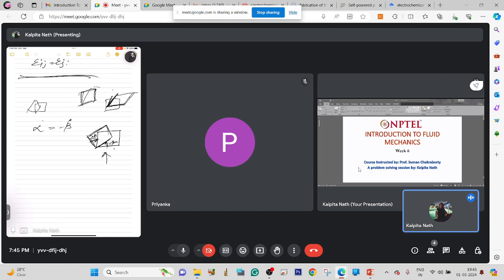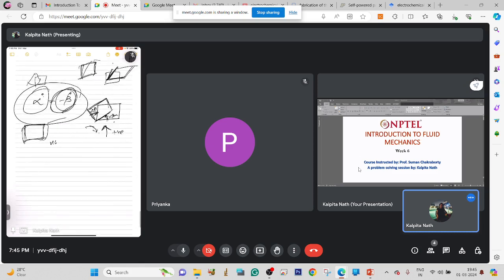If this direction we are taking as positive, beta we should take as negative. That's why alpha, the rate of change in deformation in alpha will be equal and opposite to beta. That is for a rigid body. If the fluid element is considered as a rigid body, then only this will be applied. So there is no deformation, just rotation.